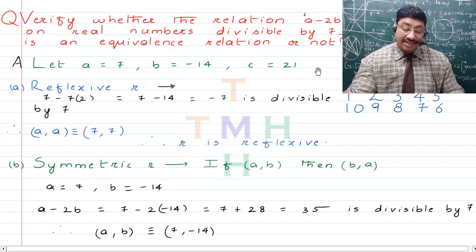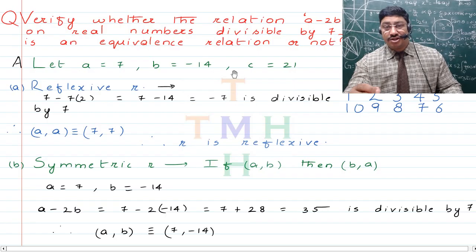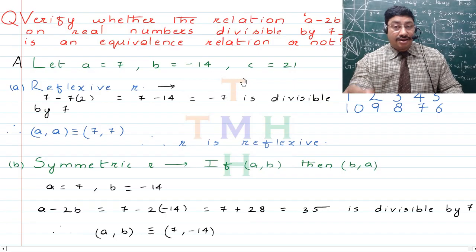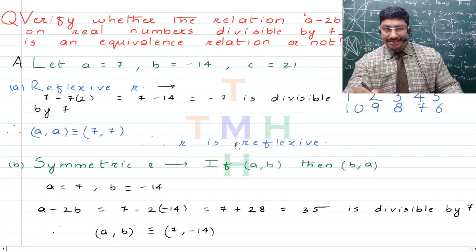And the logic is that as it is to be shown to be divisible by 7, if we take numbers which are already divisible by 7, then on subtraction also the difference will come to be a multiple of 7, right? Now you can try it out in certain cases with other numbers, but in this function a minus 2b, if you talk about other numbers, this is not existing, right?